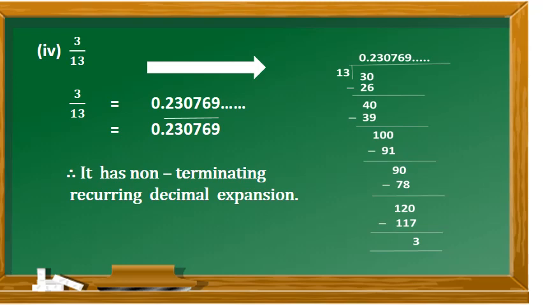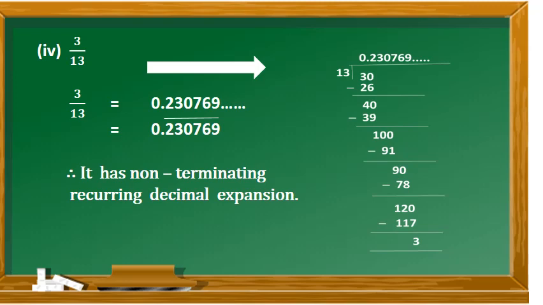Now 13 divides 30 2 times, that is 13 2s are 26, and 30 minus 26 gives the remainder 4. Now add a 0 to 4 such that it becomes 40. 13 divides 40 3 times, that is 13 3s are 39, and 40 minus 39 gives the remainder 1.